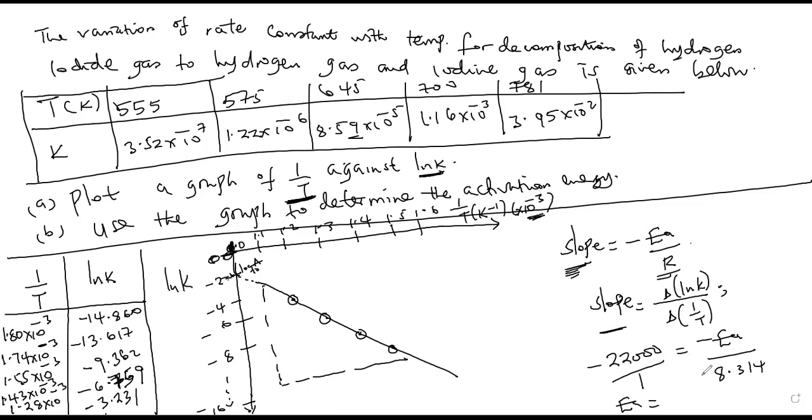That is what I got from my graph, but I want you to try and see if you get the same. EA is 18290.8, but this is joules per mole. If you put it in kilojoules per mole, it becomes 18.2908 kilojoules per mole.